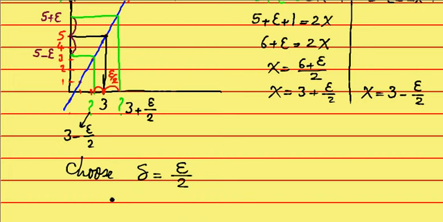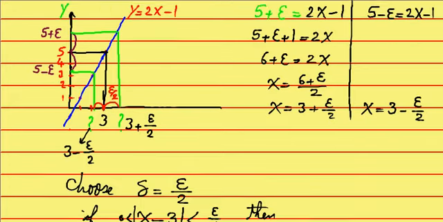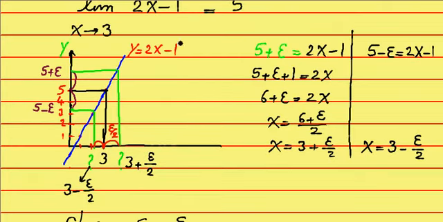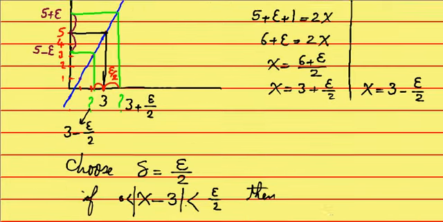Now say, if the absolute value of x minus 3, the central number here, is less than delta, where delta itself is epsilon over 2, then f of x, who is our f of x? f of x is 2x minus 1, the function we are investigating.